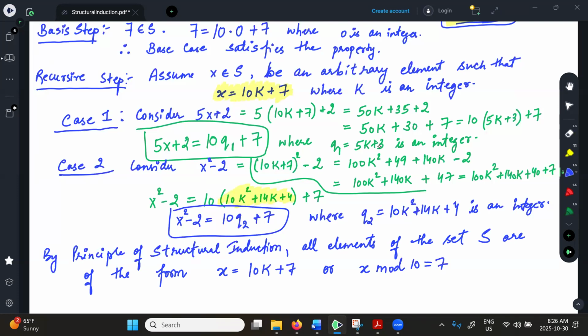They mean the same thing. X mod 10 equals 7 means you get remainder 7 when you divide by 10. In other words, you can rewrite it as an equation. The equation form is more useful.